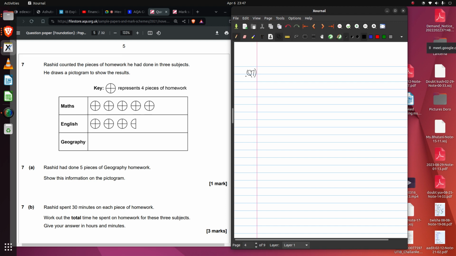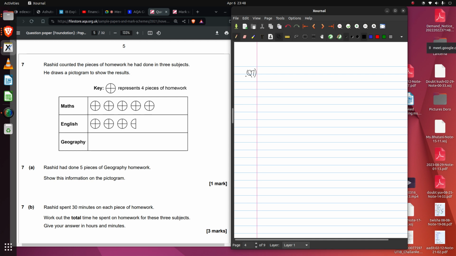What is this? This is a pictogram. What's a pictogram? A pictogram is just using some shape or diagram to represent numbers.